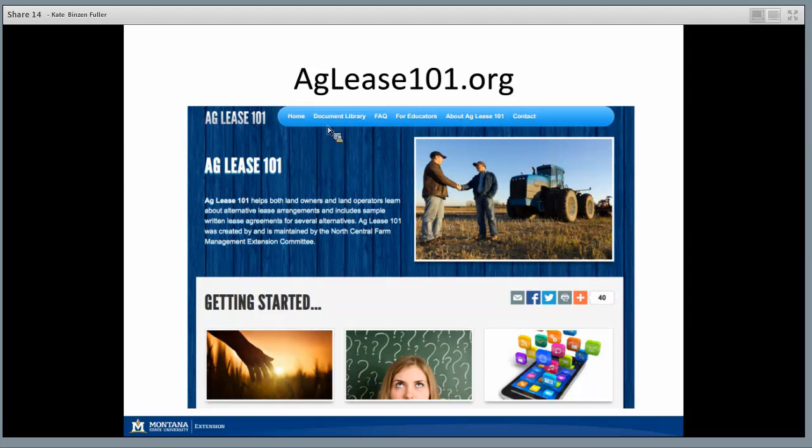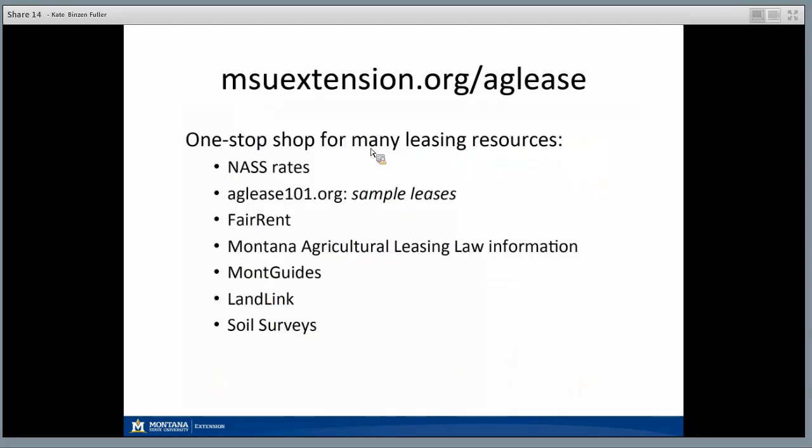Those are in their sample leases. They've got a couple of presentations as well, but it's a really nice resource. It's very Midwest focused, so you'll see examples that maybe look a little different than production systems you might see here in Montana, but it is a really nice place to look.